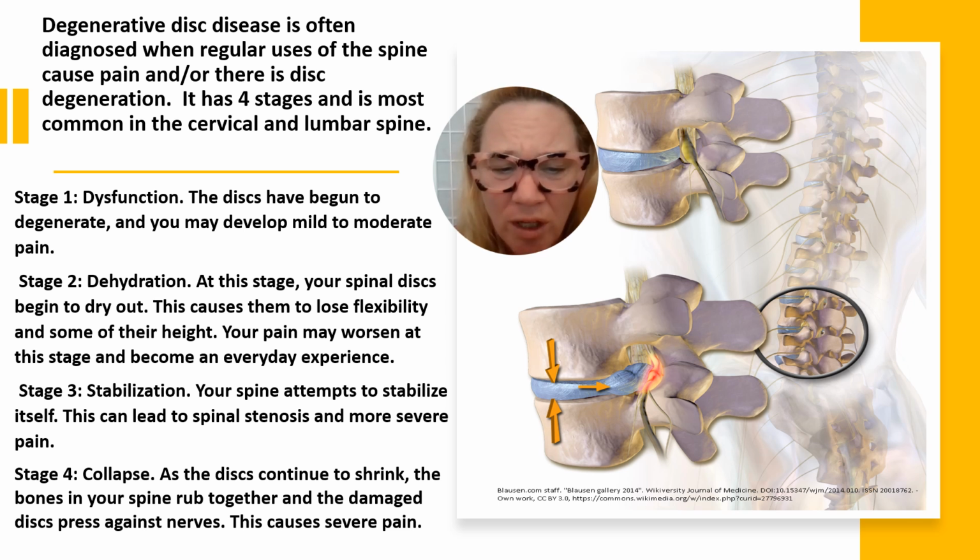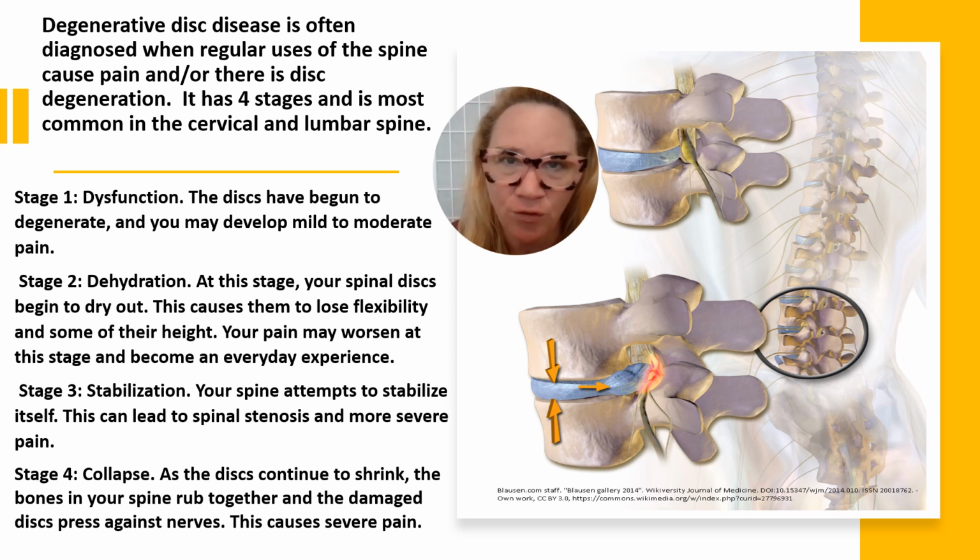In stage 3, it's the stabilization phase. Your spine attempts to stabilize itself. It's almost like you're trying to create a homeostasis within your body. And that can lead to spinal stenosis, where you have a narrowing of the bone tissue where the nerve roots are exiting the spine, and then that can cause compression, which surgeons love to provide laminectomies for, right? When you have that stenosis with DDD, that can be significantly painful, which is why people are opting for surgery.